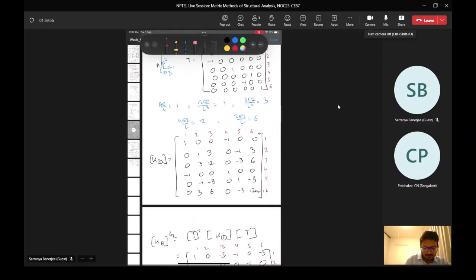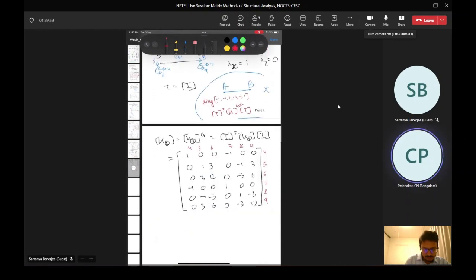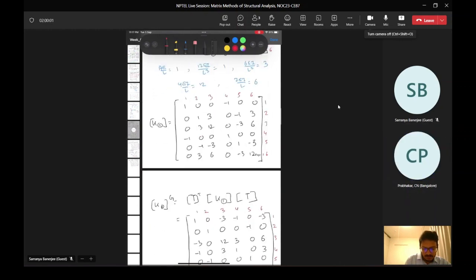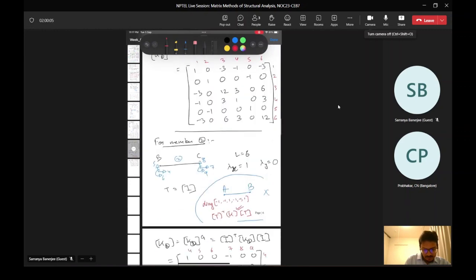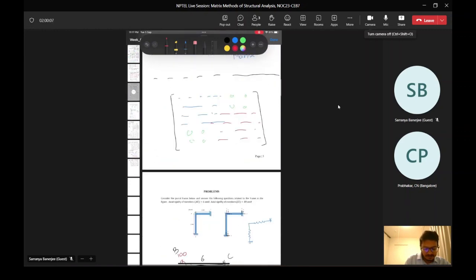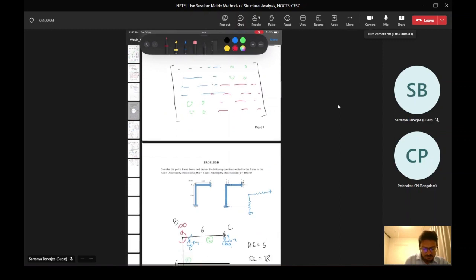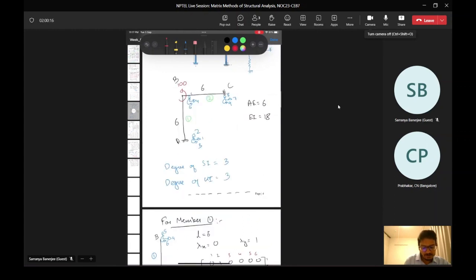More interestingly, the length of the element is the same, so the element stiffness matrix is the same for part 1 and part 2.